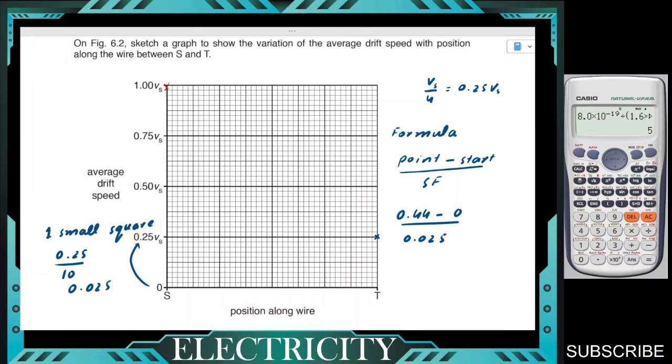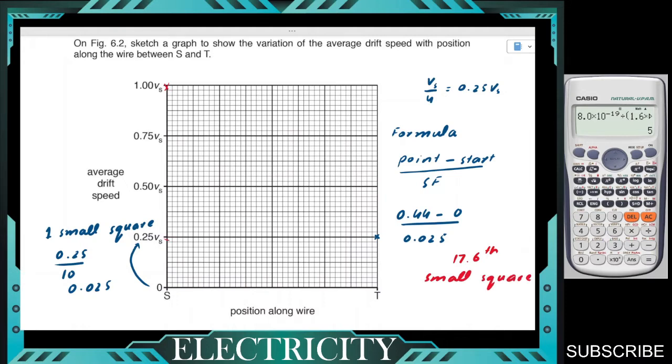So let me hit it on the calculator: 0.44 divided by 0.025. We get 17.6. So the point lies between block 17 and 18, small squares.